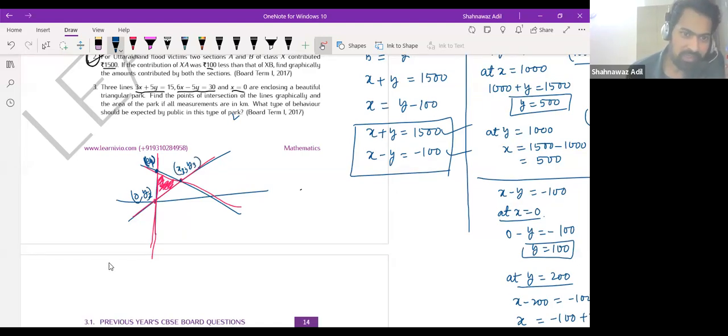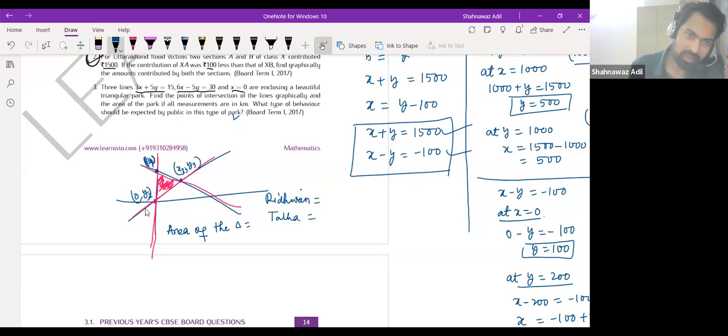So if I ask you guys how you can calculate the area of this triangle, how can we calculate the area of this figure? This question I will ask you.